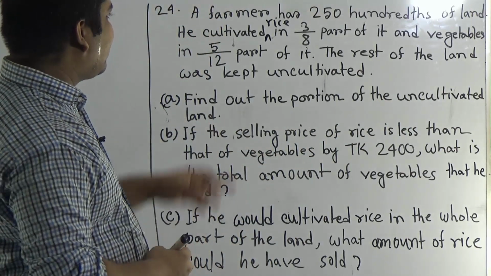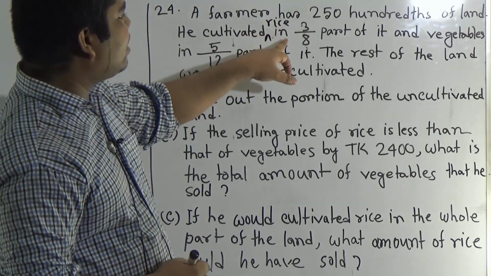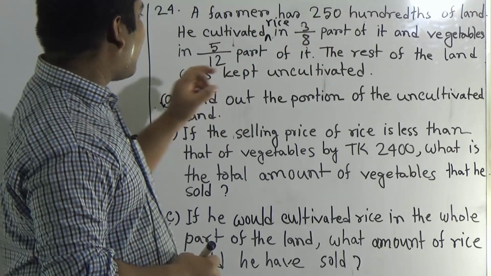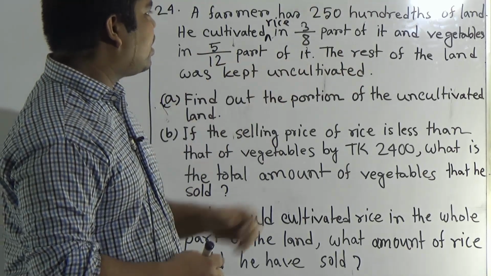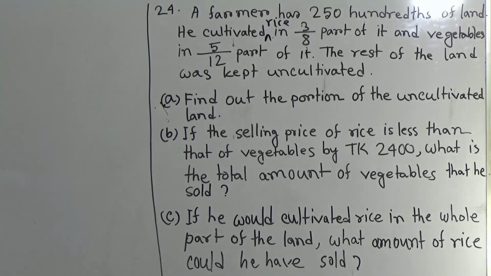Here he cultivated rice in 3/8 part of it and vegetables in 5/12 part of it. So first of all we write the given.